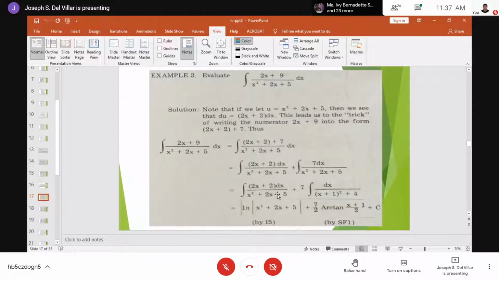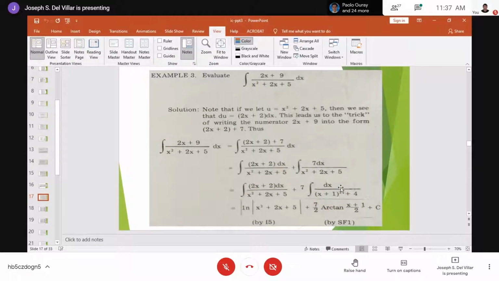So ito baga, this is exact differential, di ba, ng sa baba. Kasi 2x plus 2. So wala na kayo introduce. So this is equal to the absolute value of the natural log of the denominator. Okay. Plus, we have 7 halves arctan of x plus 1 all over 2 plus c.